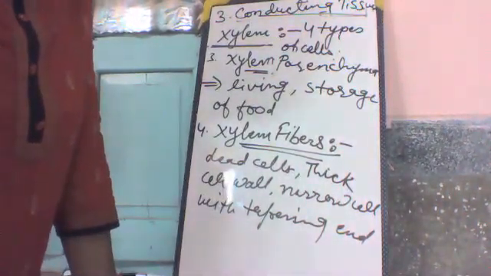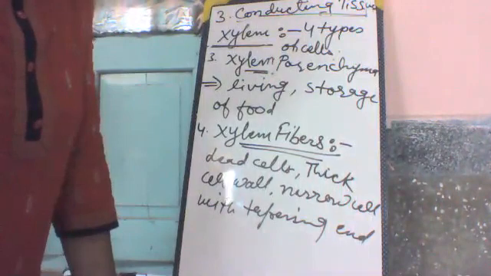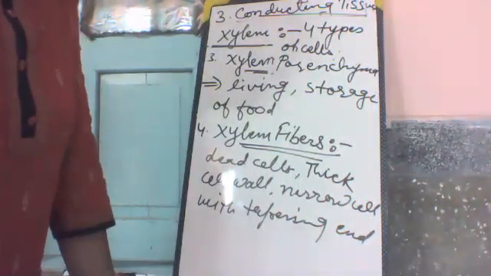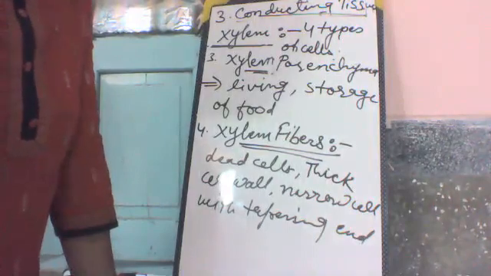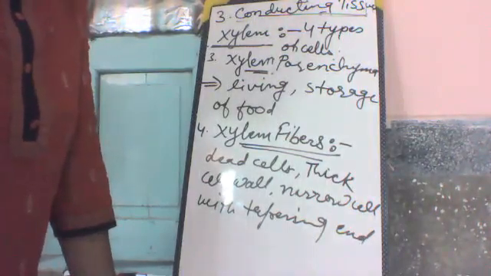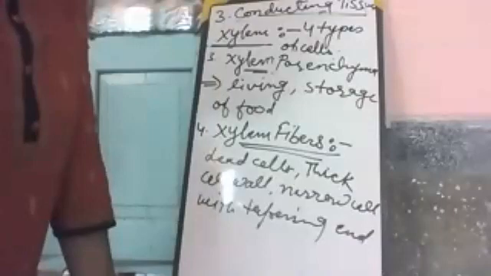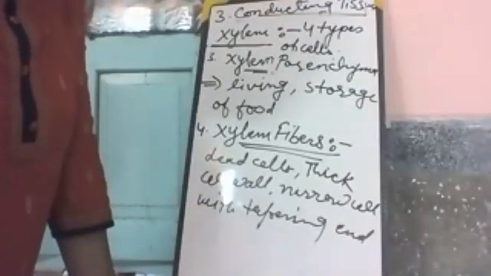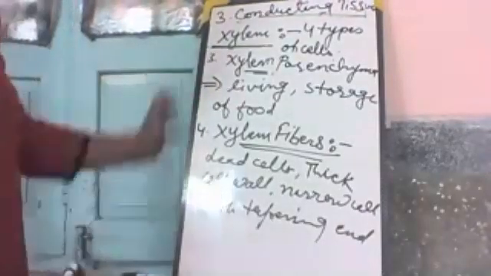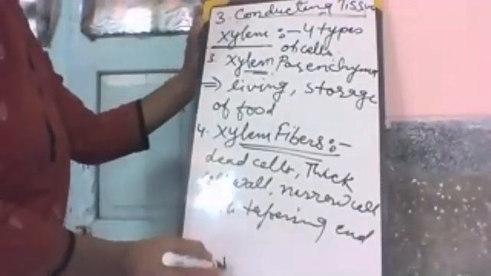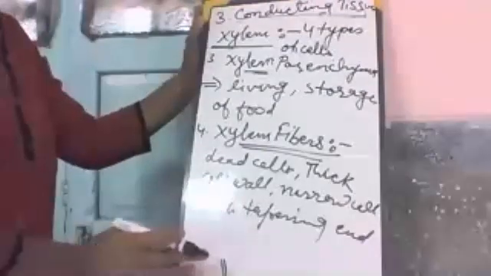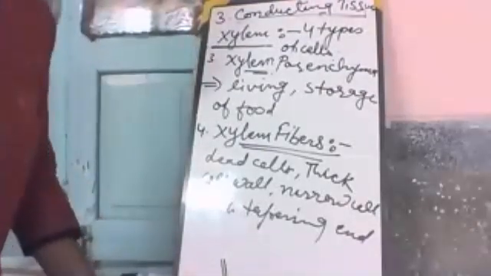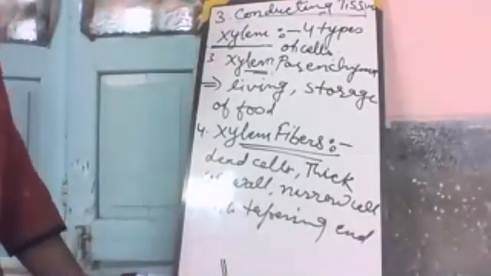And second, the xylem vessels, tube-like structures with lignin deposition, a hard thick cell wall, and transverse walls dissolved to conduct water continuously.